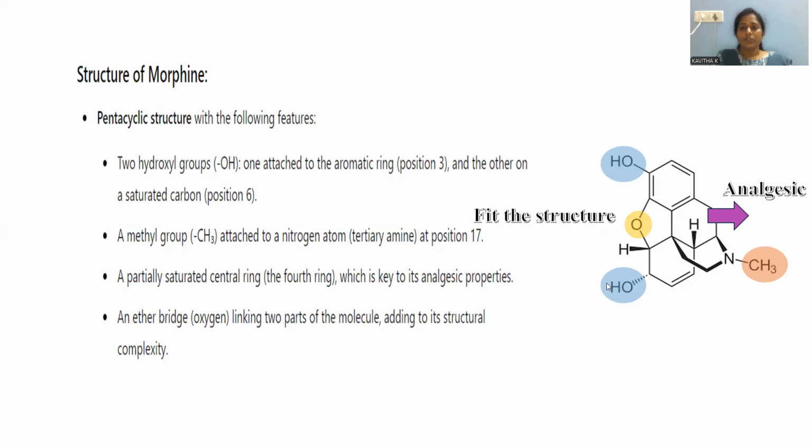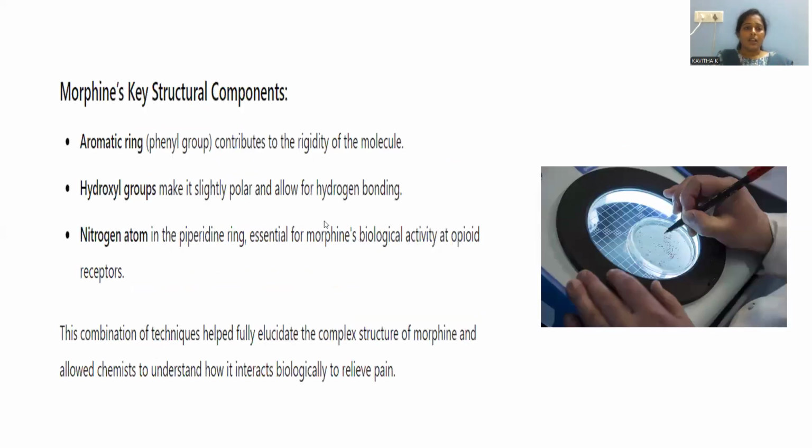Hydroxyl groups make it slightly polar. Due to the presence of hydroxyl, the drug's solubility in fluids is possible, and only then is effective functioning of that drug possible. It is also responsible for hydrogen bonding. It used to bind with the receptor site by means of hydrogen bonding. Nitrogen atom: the piperidine ring is essential for morphine's biological activity.